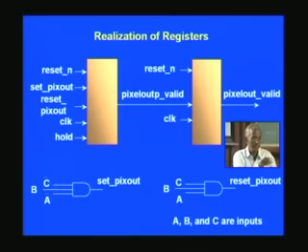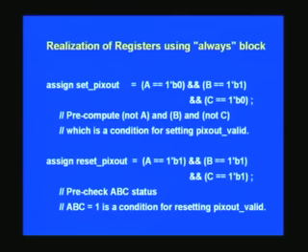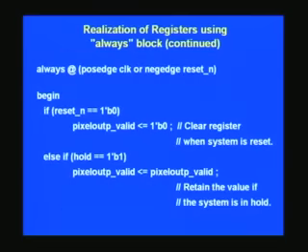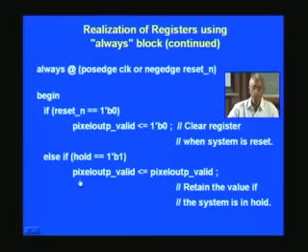So, unless you have a hold pin there, it can't hold, and that is the provision made for that. So, if hold is 1, when it is asserted, then what we have to do is just hold the previous value. The pixel out p valid is again the same here. So, that means we are writing back its own value. In other words, we are not disturbing the value.